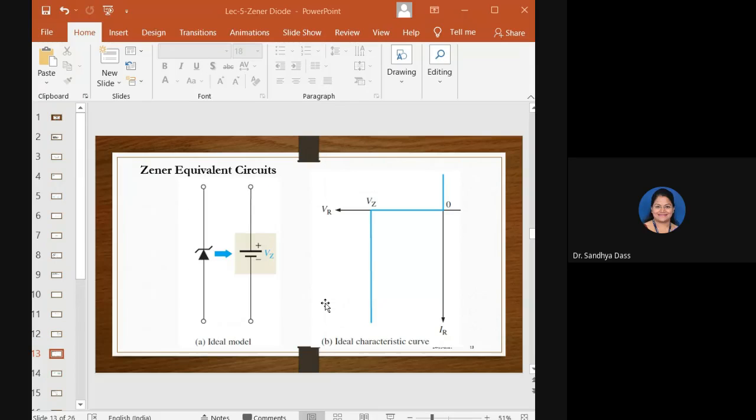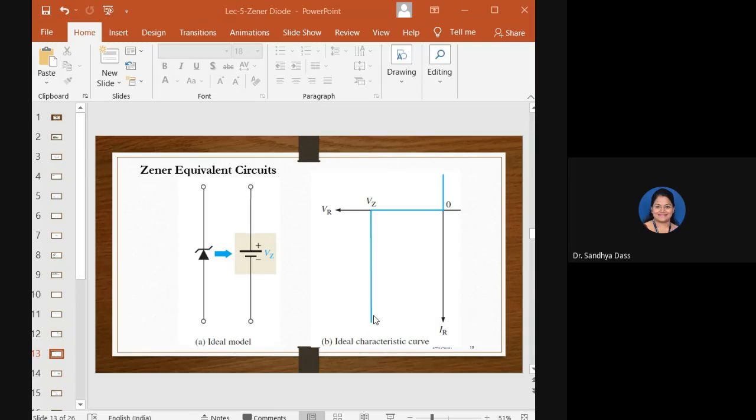All right. So coming to the Zener equivalent circuit. The figure, as you can observe here, is the ideal model of the Zener diode, which operates in the reverse breakdown, and its ideal characteristic curve is shown there. According to our discussion, when the reverse voltage is applied and the Zener reaches the Zener breakdown region, it starts conducting, and a constant voltage is maintained across its terminals.